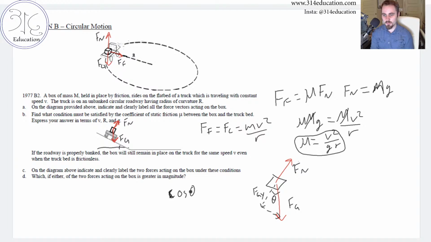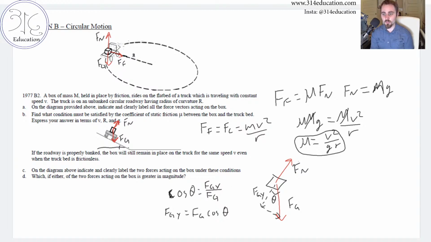The cosine of theta would equal Fgy, our adjacent, over our hypotenuse, Fg. Giving us then Fgy is equal to Fg times the cosine of theta. Now cosine maxes out at 1, and so that's going to be when theta equals 0. So the maximum Fgy can be is when theta equals 0. That would be when we're on flat ground.